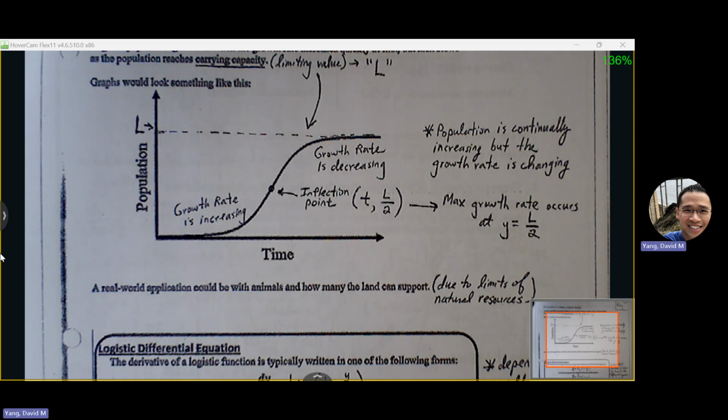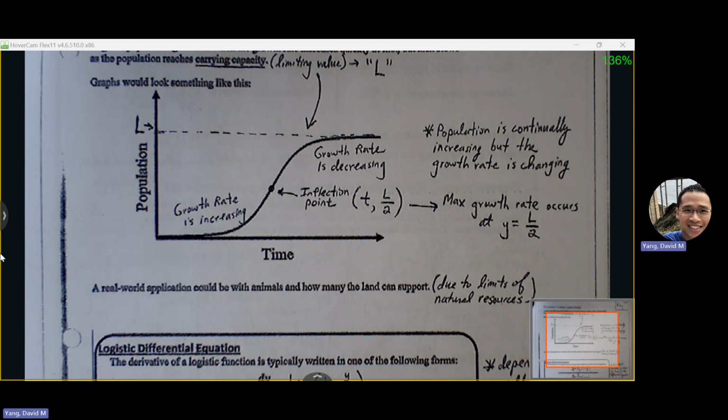But after that inflection point, your population is still growing, but the growth rate is decreasing. See the steepness, the slope is kind of gradually leveling off. So for these logistic models, your population is continually increasing, but the growth rate is changing.